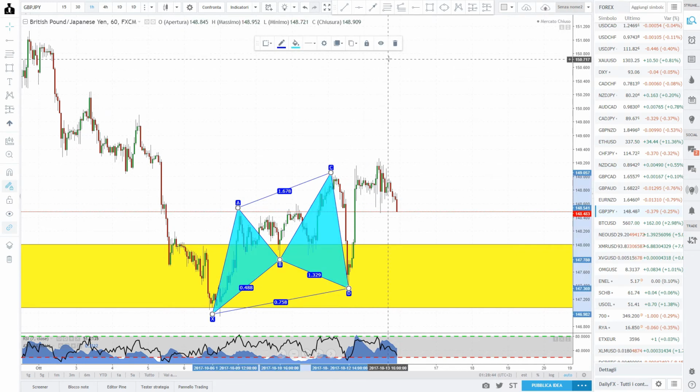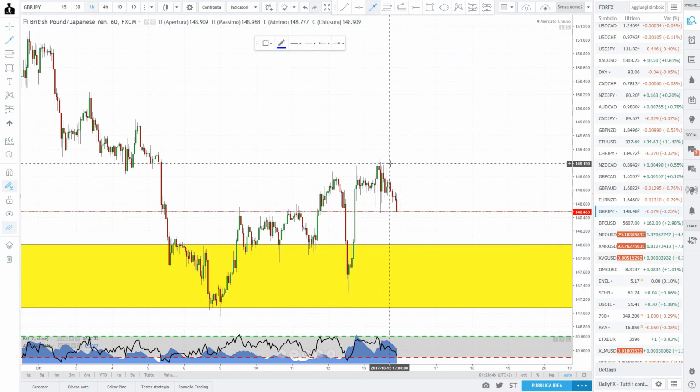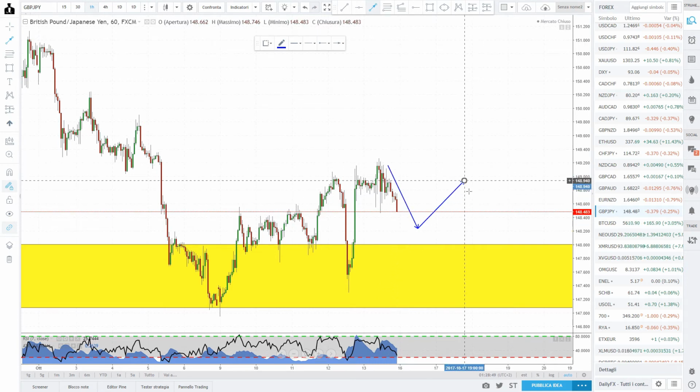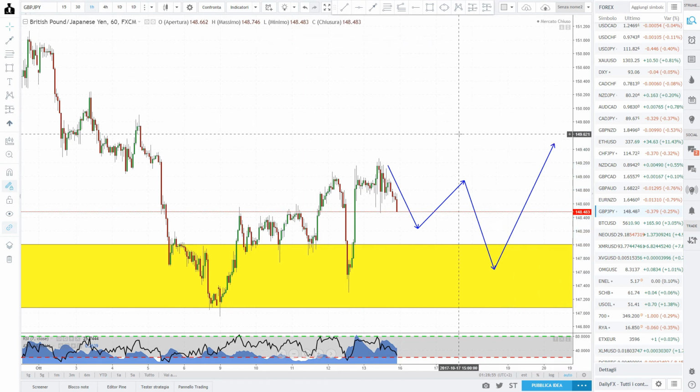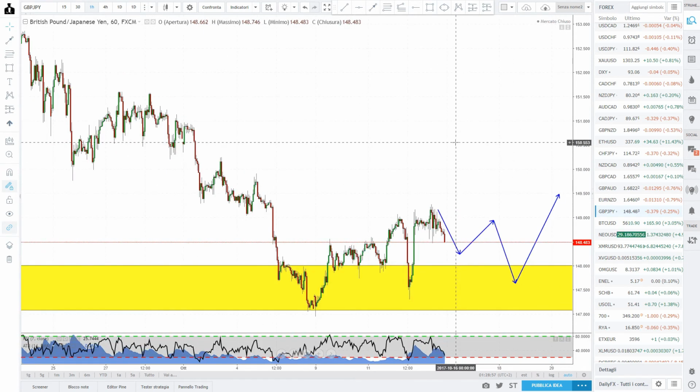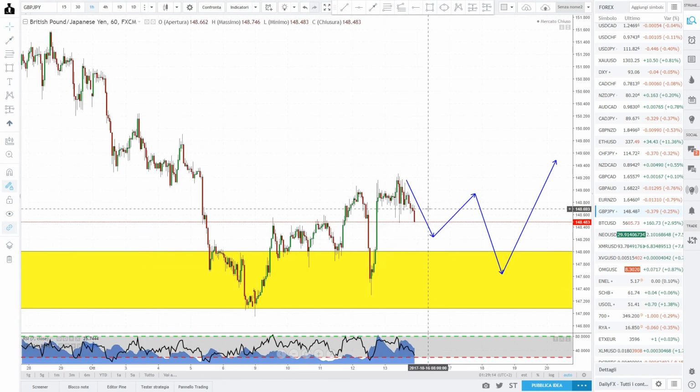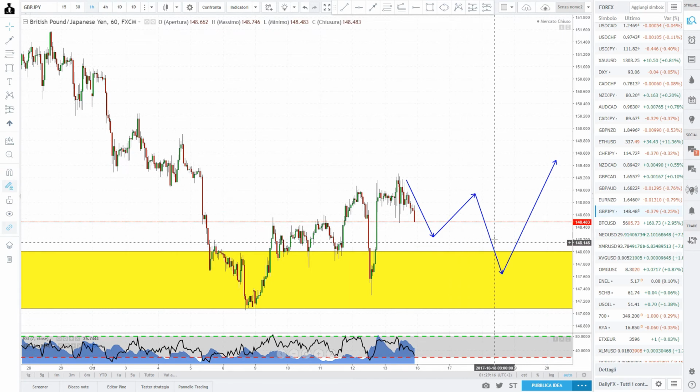So, for example, if I see the price creates some kind of pattern, I want to long this market, hoping for a continuation in my direction. If we see something like this, I am interested in taking this trade. Right now, I am not entering because I do not have any proper signal to use.